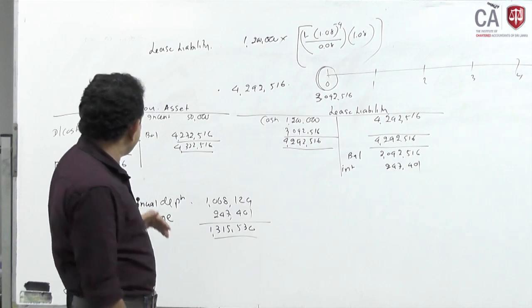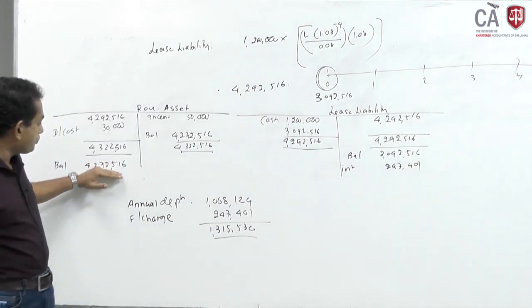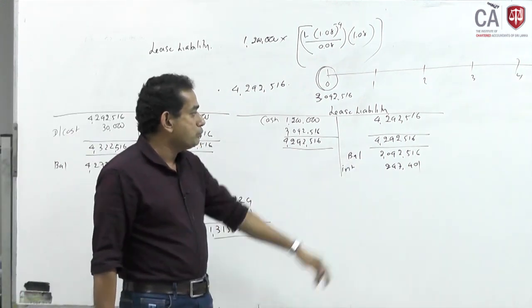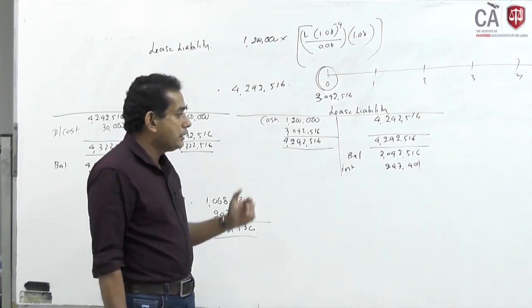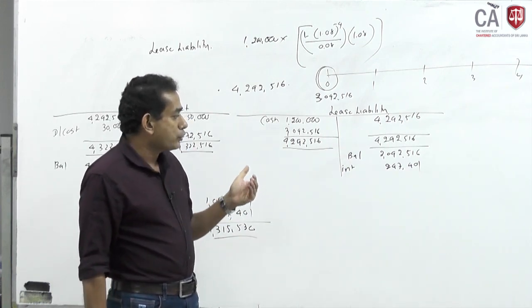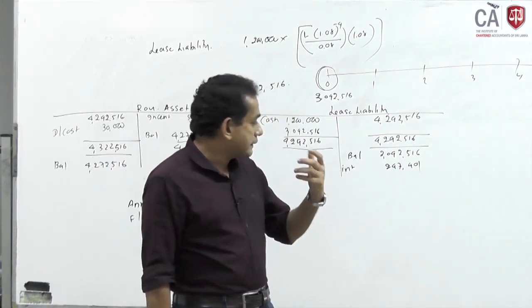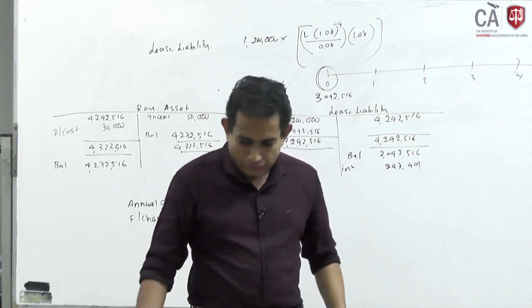So, you need to show the right of use asset at cost minus cumulative depreciation, and lease liability has to be recognized in the balance sheet by splitting the lease liability into current liability and non-current liability depending on how soon these lease liabilities will become due. So, that is the perfect answer for question number 7.